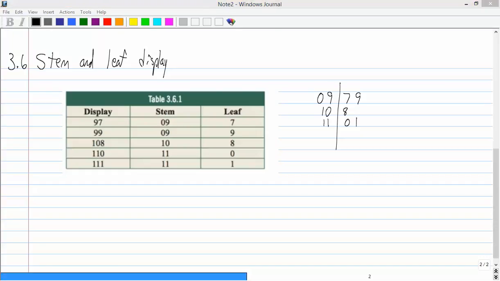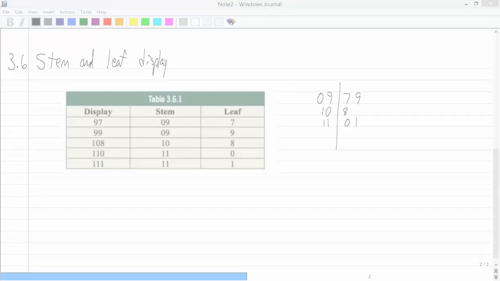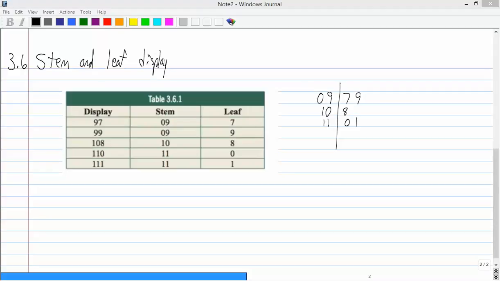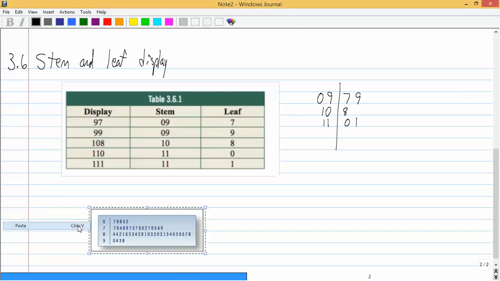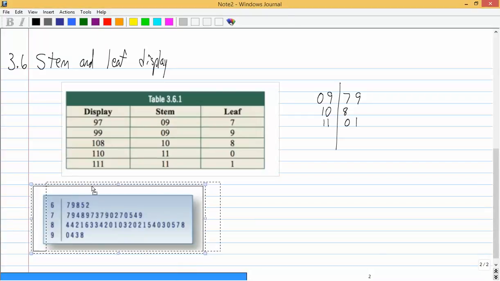So if you had a really big set of data, then you could represent that in a stem and leaf graph or display pretty easily. Here is another stem and leaf set of data that's given in your book.